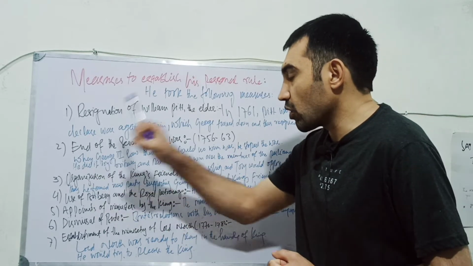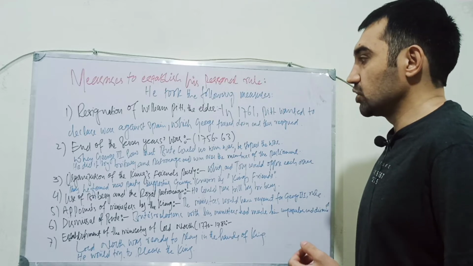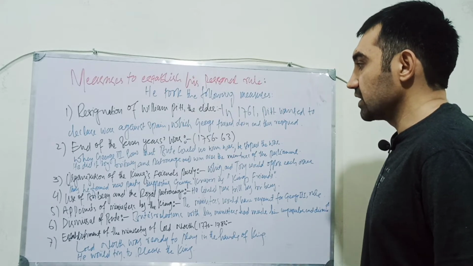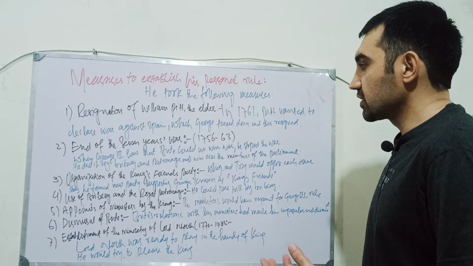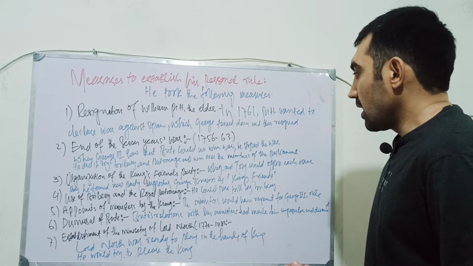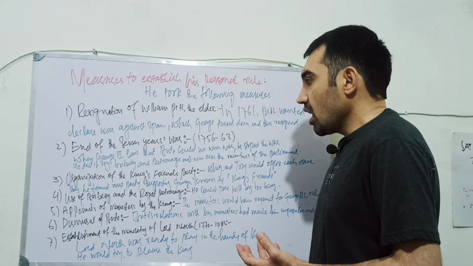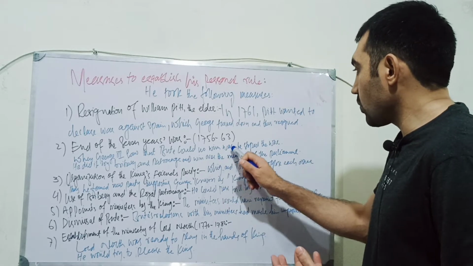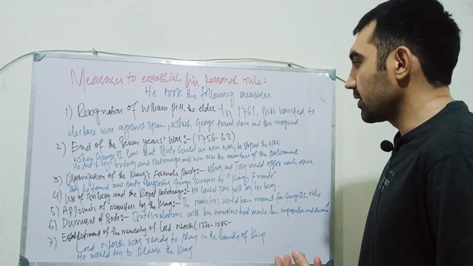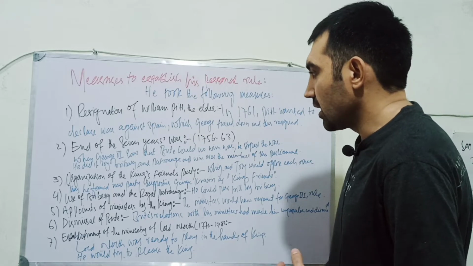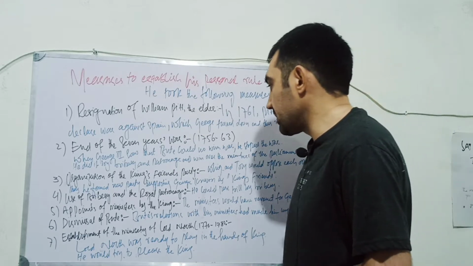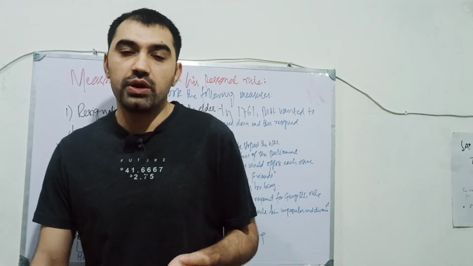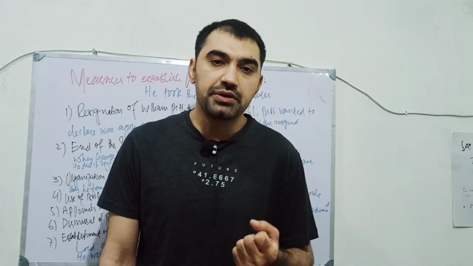The second important measure that he took was the end of the 7 Years' War. When George III saw that Bute could not win the war, he stopped the war. He did it by bribery, patronage, and winning over the members of parliament.